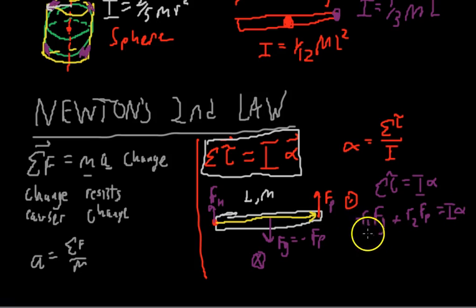Now in this case, these two forces are the same size, so that makes things a little bit easier. And R1 is just going to be 1/2 of the length because it's acting at the center of mass. So I'm going to call this negative 1/2 of the length times mg plus the full length times mg.